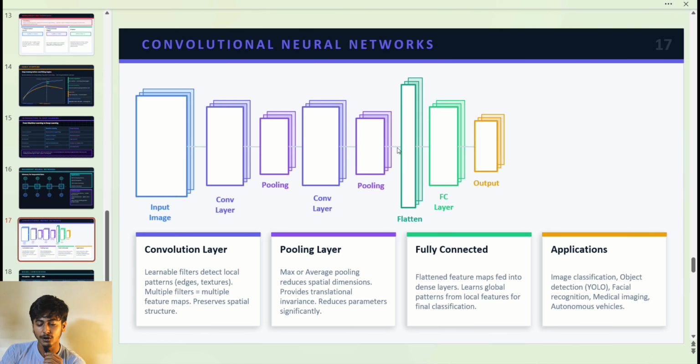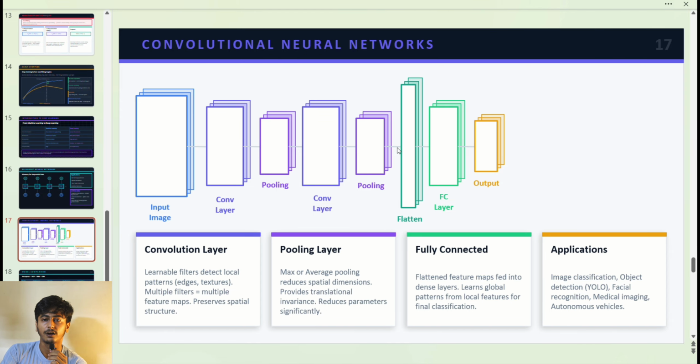So next we will see convolutional neural networks. For visual data, convolutional neural networks are the industry standard. Instead of processing every pixel independently, CNNs use filters to detect local patterns like edges and textures through the convolutional layers.